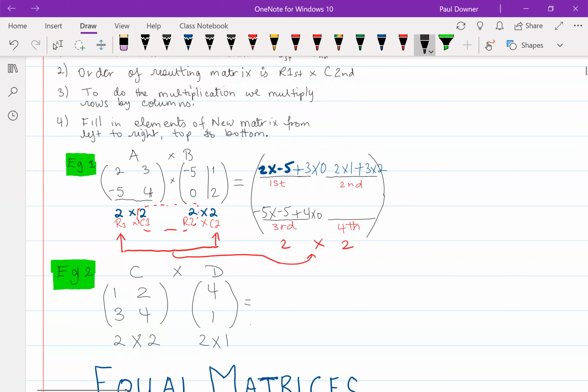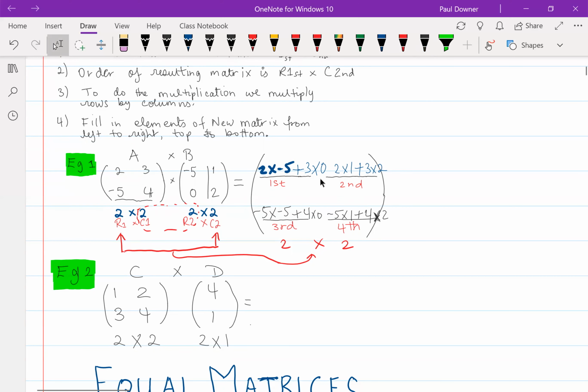We're going to multiply the minus 5 by the 1, and then multiply the 4 by the 2. So we would have done all of the multiplication required, multiplying rows by columns.